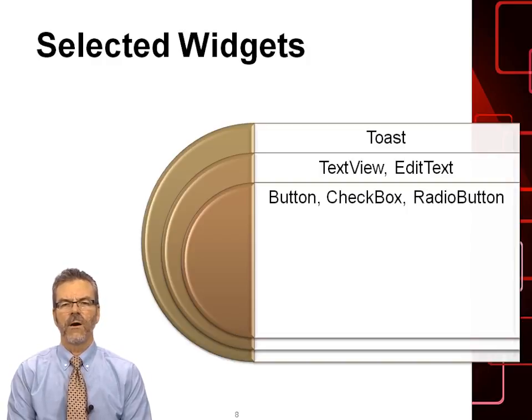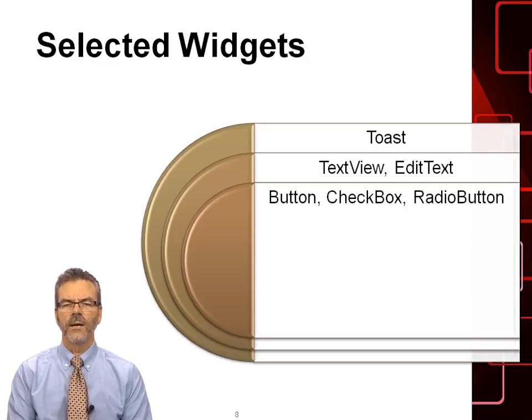So they both have the same names, whether you're using Java or whether you're using XML. So button is a very common way to get input from the user, knowing they touched a particular button. There's also a checkbox. A checkbox allows you to check a box on or off, and it turns out the checkbox also works like a button.